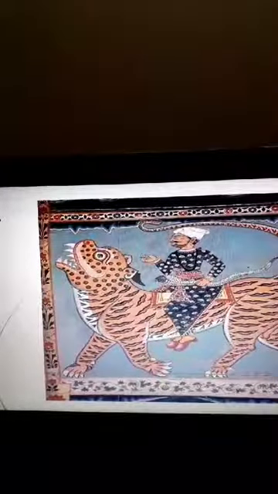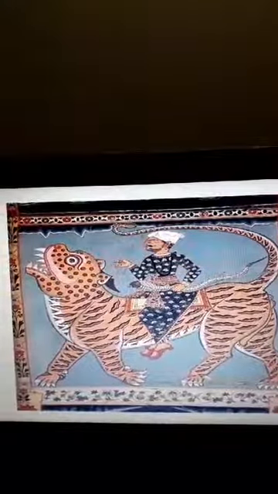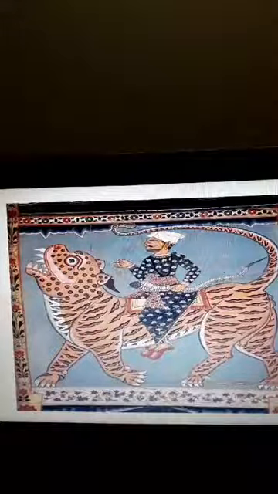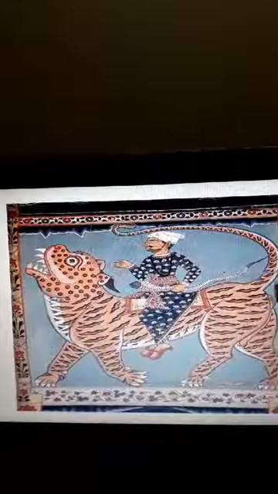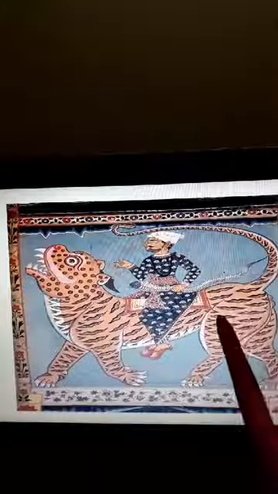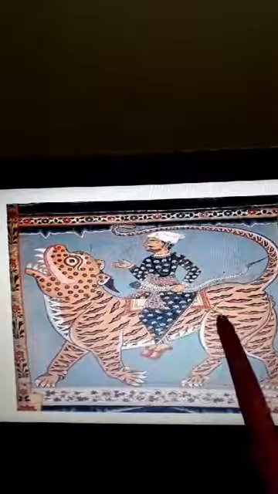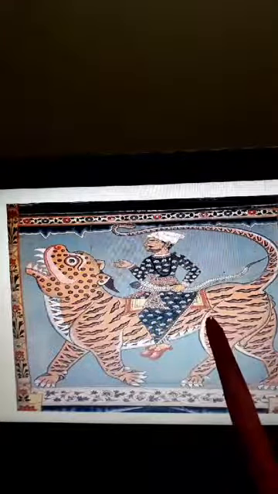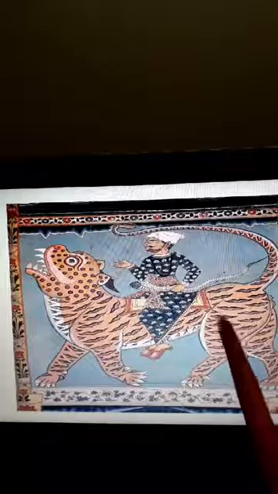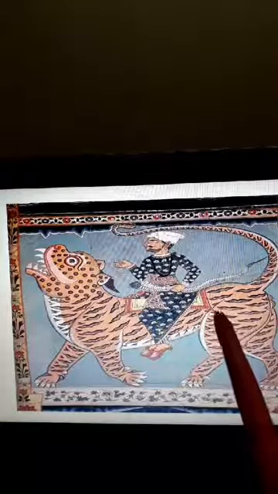So, dear students, there is a picture on the slide. Can you guess what the picture is about? Let me give you some clue. It is a picture of folk art.